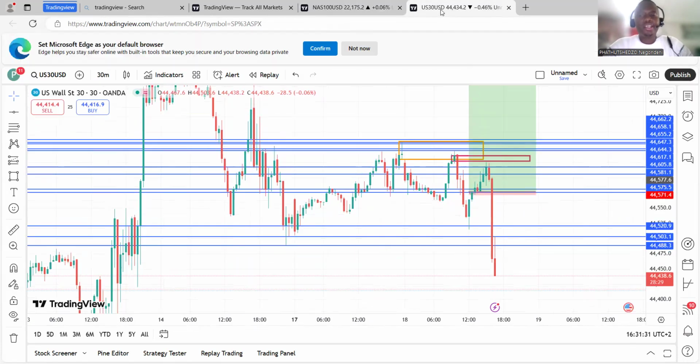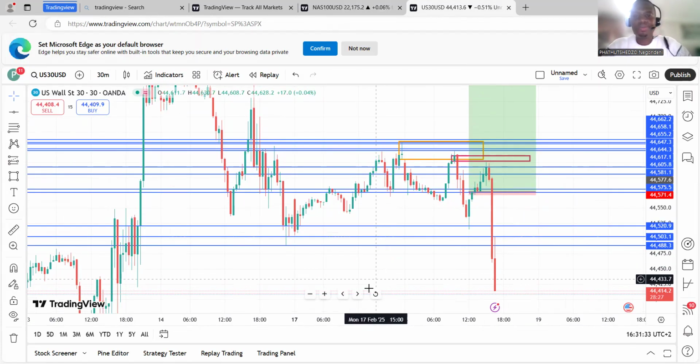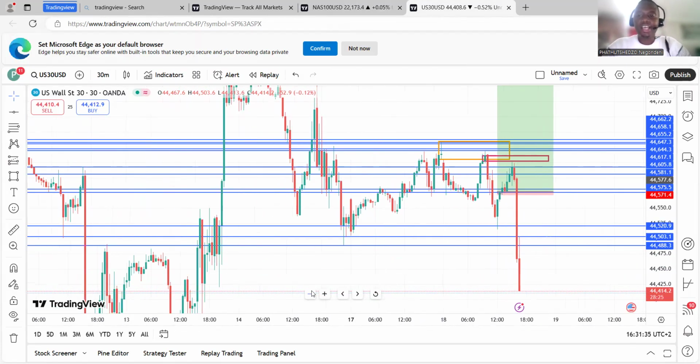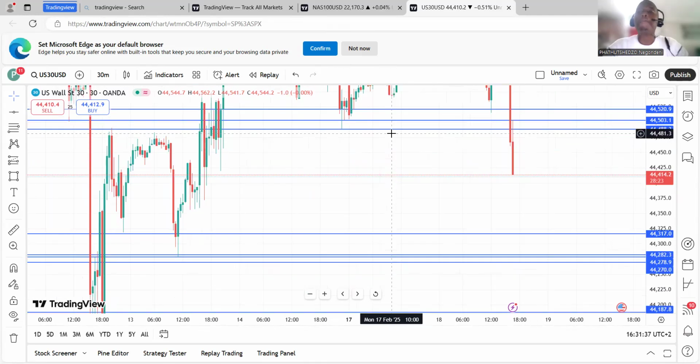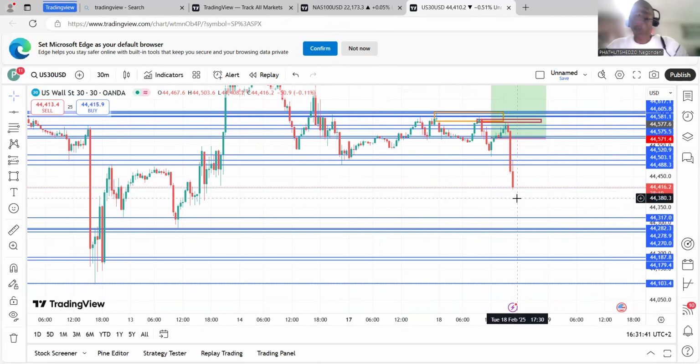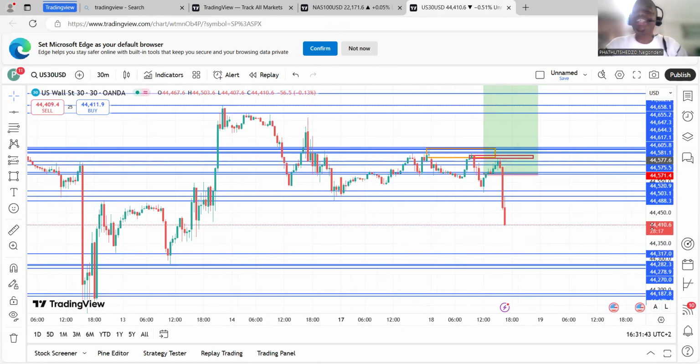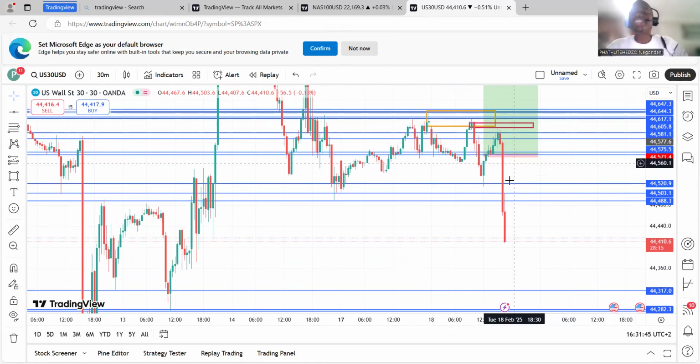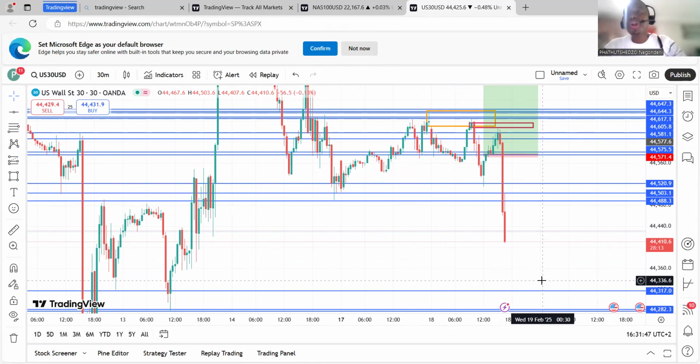Okay. So wow. USDT is pumping down, and we went out so early. We avoided such a big loss, guys. Look at the loss that we avoided.